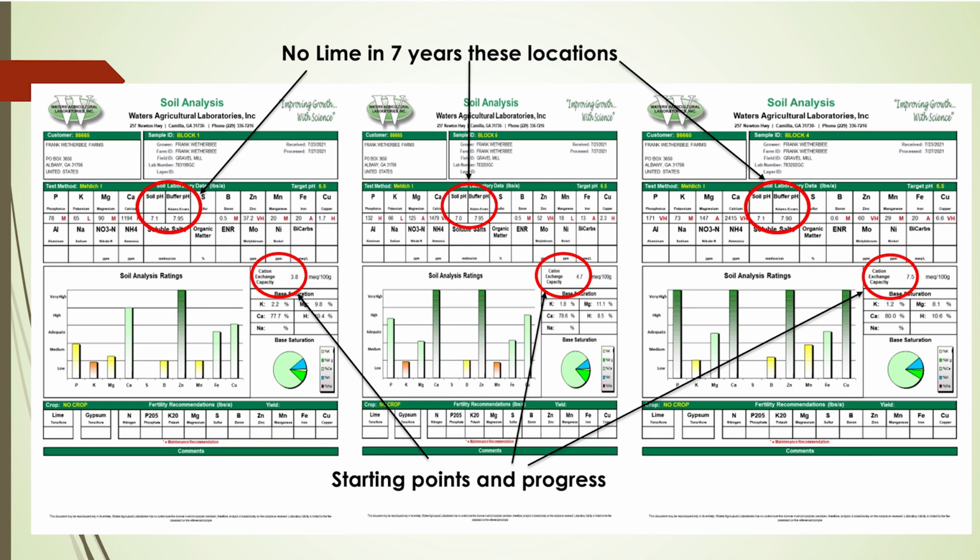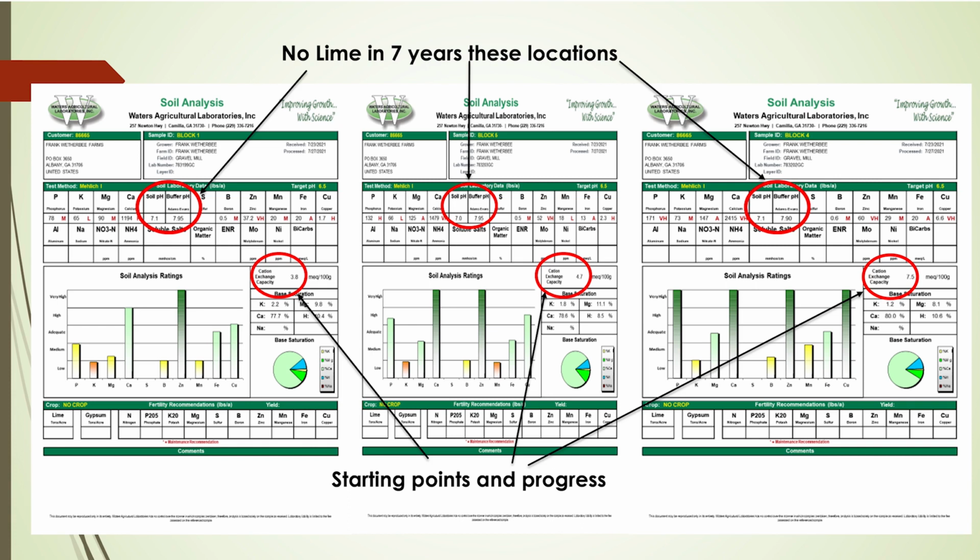Here on the lower red circles is the CEC, cation exchange capacity. There's a starting point, 3.8. When we started all this, on average across all of our farms, our CEC was 4.6. So there's a starting point there.